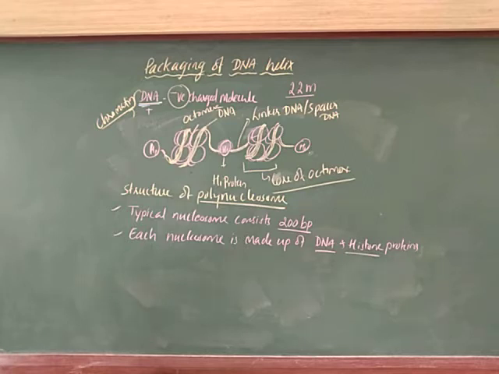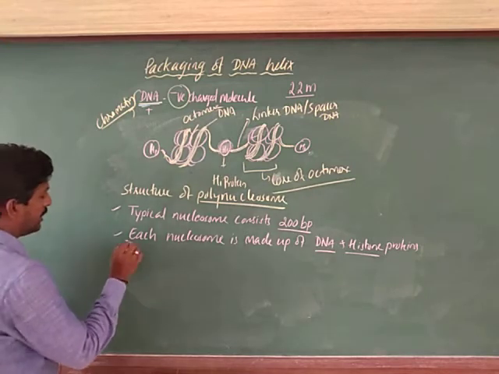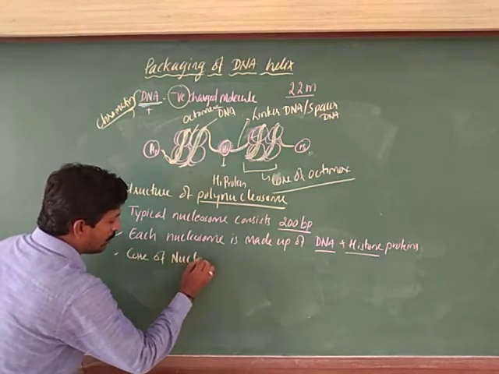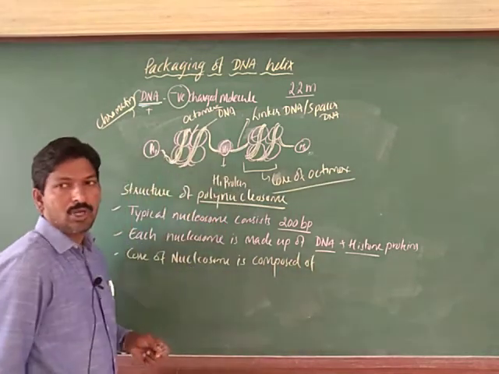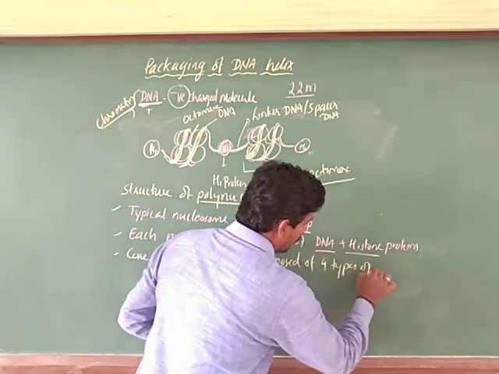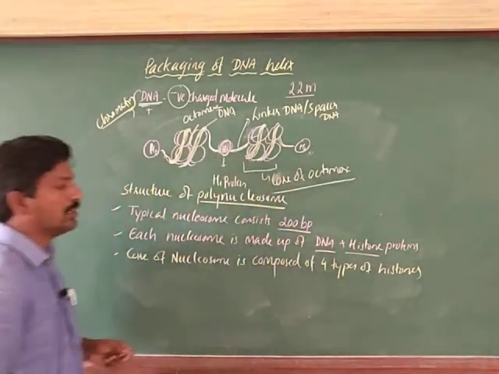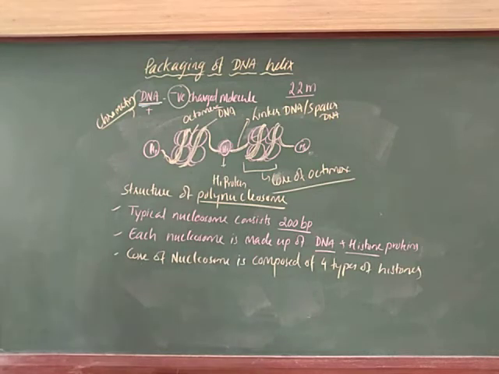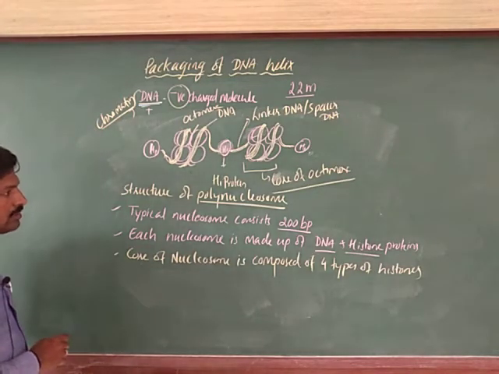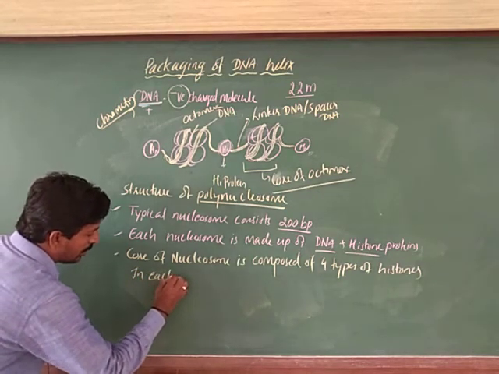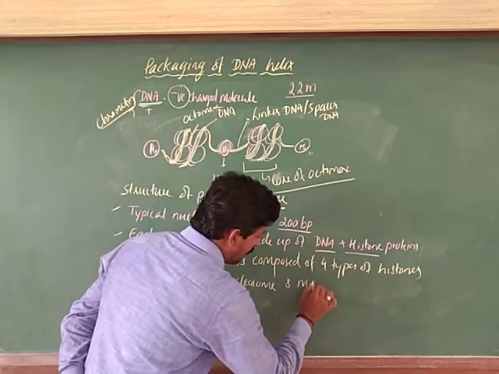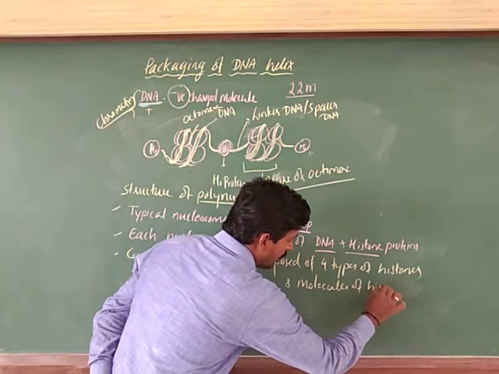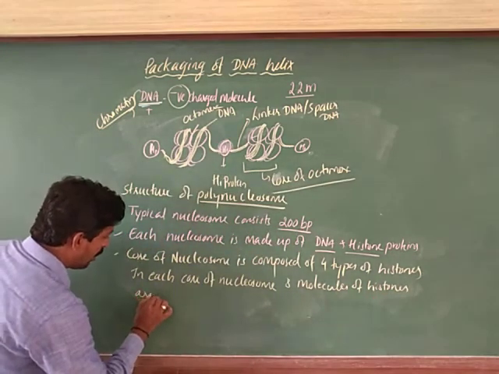Next, the core of the nucleosome is composed of 4 types of histone proteins, and in each core of the nucleosome there are 8 molecules of histones present.